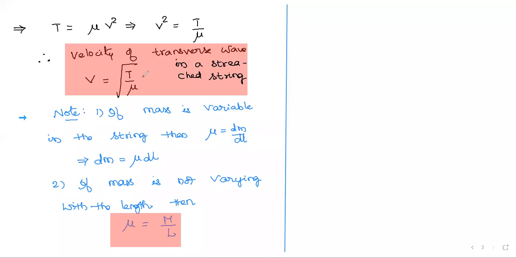Don't apply this formula in all cases. Before applying the formula, read the question properly. What are the two conditions? In the problem, it has to mention a string is stretched. And number two, find the velocity of transverse wave, not longitudinal wave. Then v equals root of T by mu. If mass is not varying with the distance, then mu equals m by l. If it is variable, dm equals mu into dl.